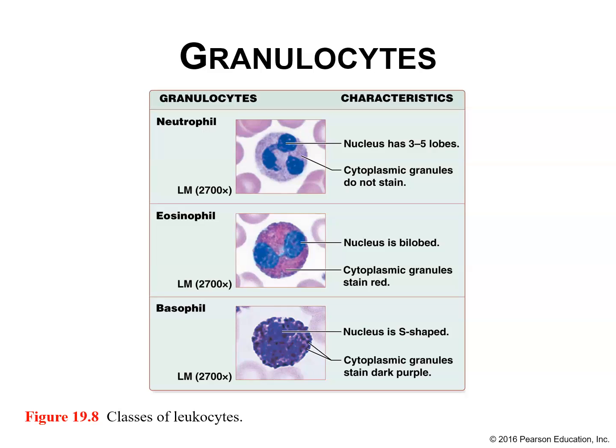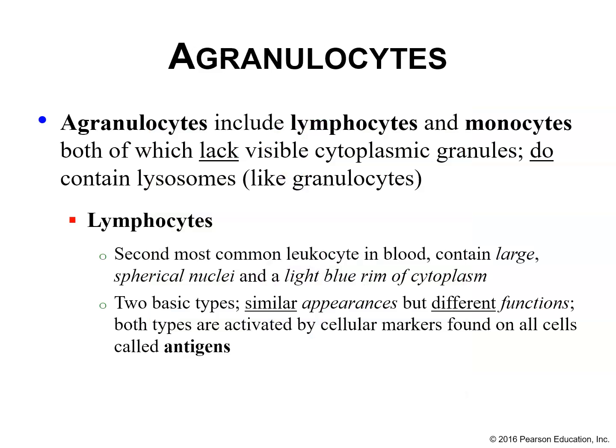And then the basophil, which represents less than 1% of total white blood cells, generally has an S-shaped nucleus, this dark purple area that you see here, with dark purple granules in the cytoplasm which contain the histamine that help mediate inflammation. So this would be a large basophil. So those are the granulocytes.